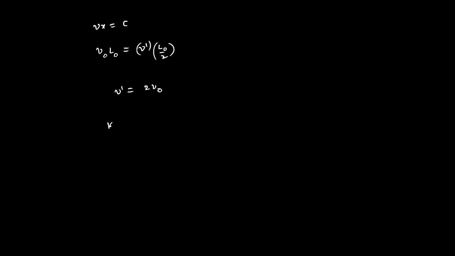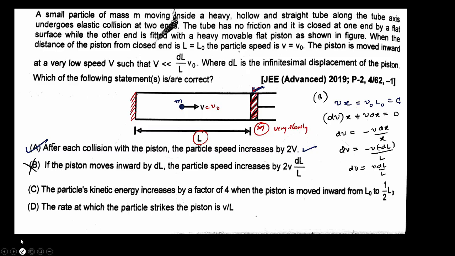So the kinetic energy of the smaller particle initially was half m v naught squared, and the new kinetic energy, KE dash, is half m times 2 v naught squared, which is 4 times the initial kinetic energy, right? So C, the particle's kinetic energy increased by a factor of 4 when the piston is moved inward from L naught to L naught by 2, is also correct.